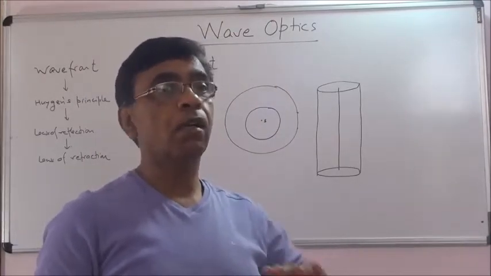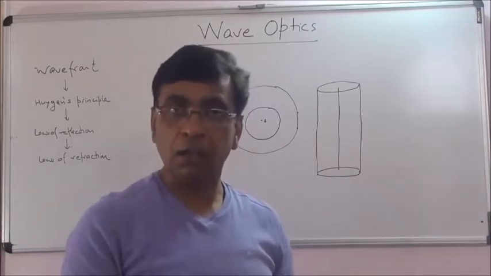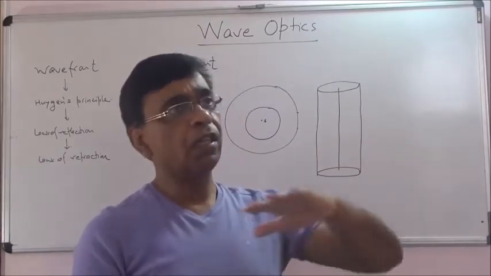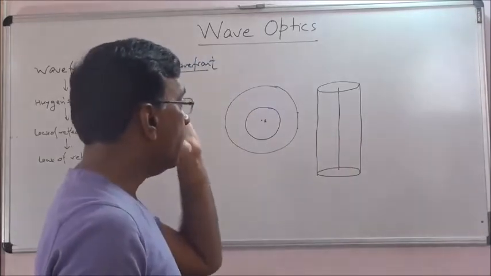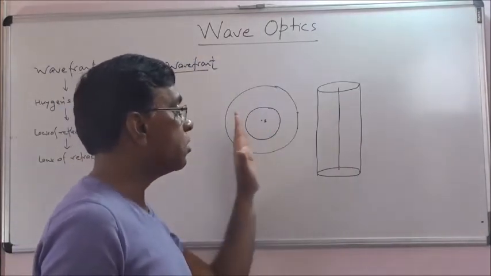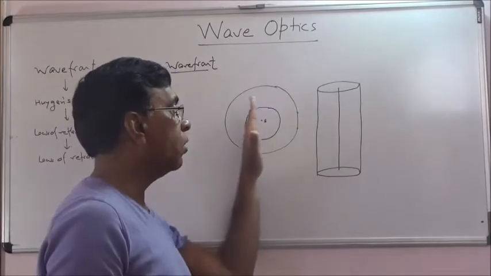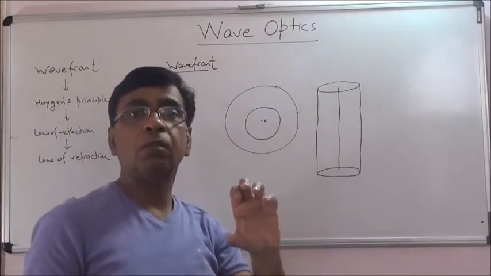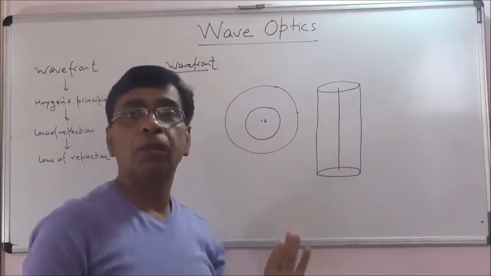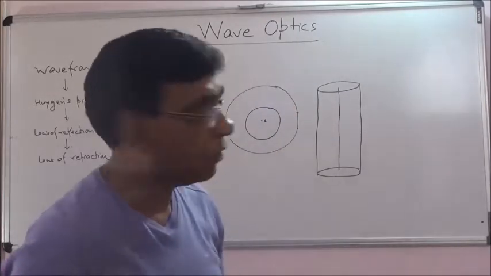Just as we can say Earth is almost spherical in shape, but we see it flat because of the large size. So if the distance from the point source is very large and we are considering only a small section, then the wavefront can be taken as a plane wavefront.